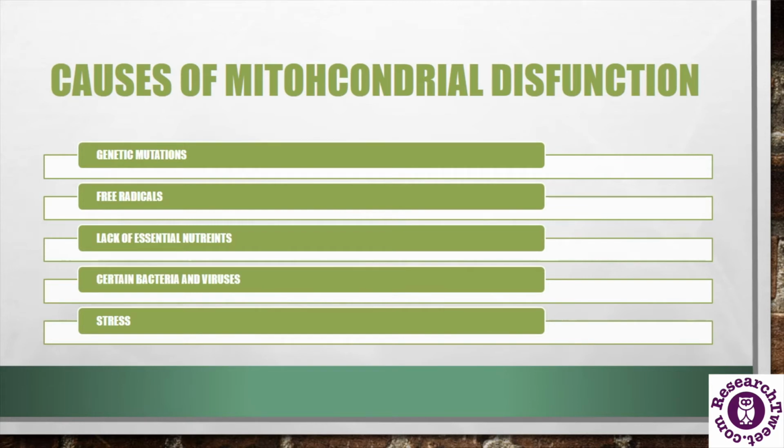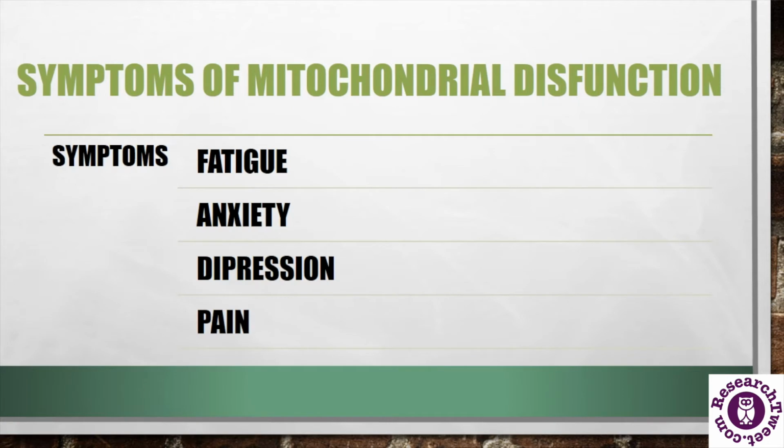These pathogenic bacteria and viruses infect the mitochondria and cause improper functioning. There are several other reasons like stress or changes in lifestyle and many others. Now let's understand the symptoms of mitochondrial dysfunctioning.